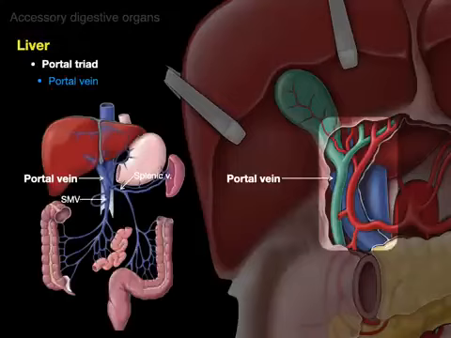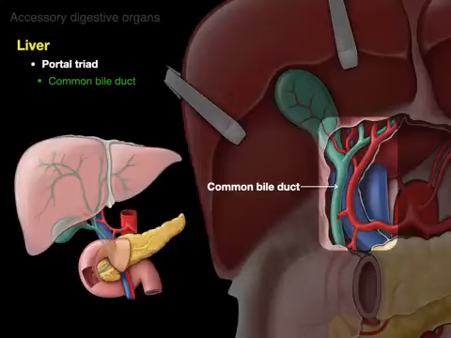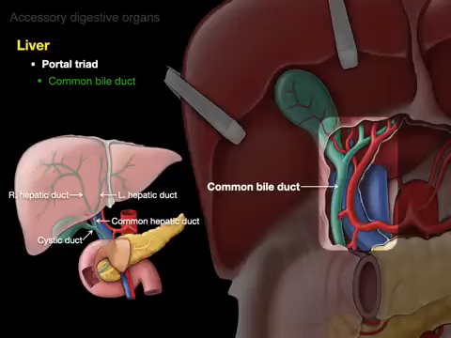This is what's draining all blood from the GI tract. And then the common bile duct there, that's what's delivering bile from the liver and gallbladder into the second part of the duodenum. So the right and left hepatic duct feed into the common hepatic duct, and they join the cystic duct to make the common bile duct, and that's what we see there.